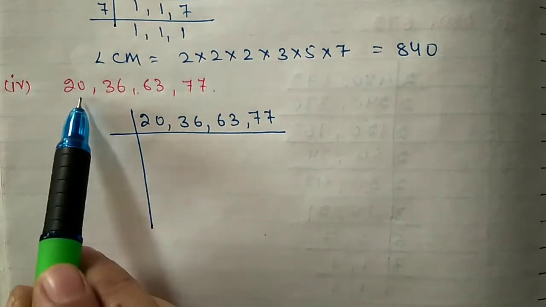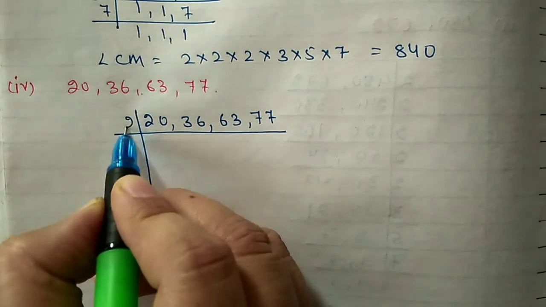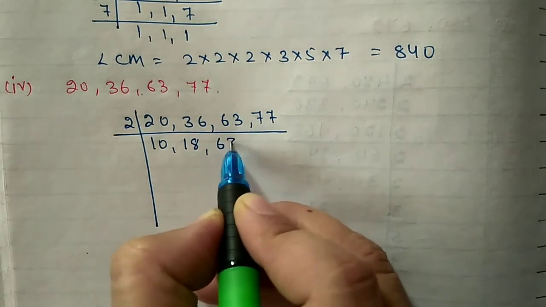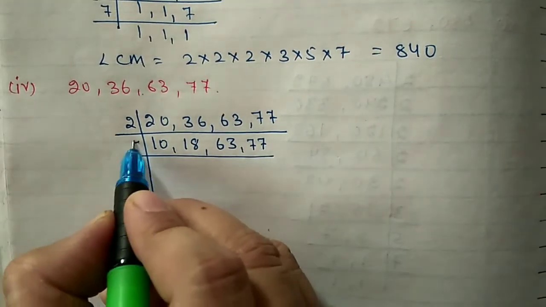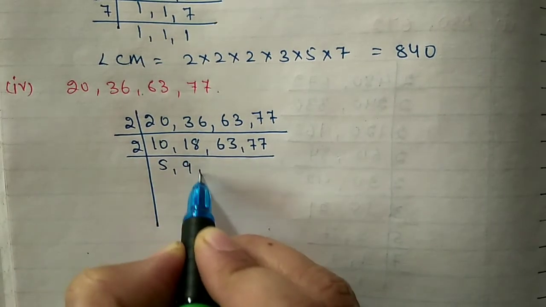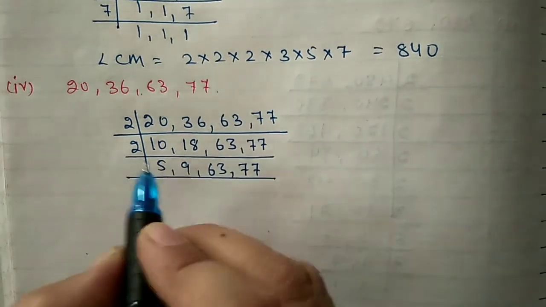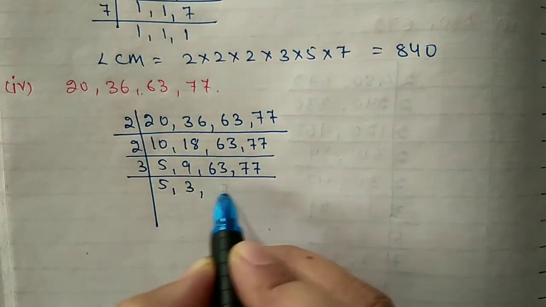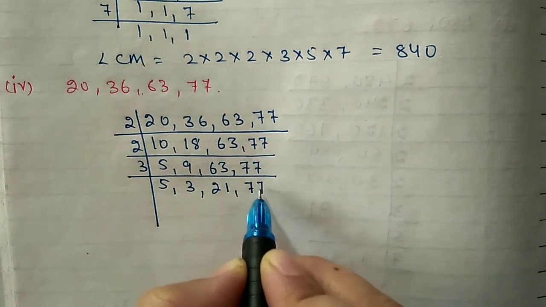Next, fourth part, 20, 36, 63 and 77. First we will start with 2: 2 10s are 20, 2 18s are 36, and 63 and 77 will not go with 2, so write as it is. Again 2 5s are 10, 2 9s are 18, 63 and 77 as it is. Next we will use 3: 5 as it is, 3 3s are 9, 3 2s are 6 and 1, and 77 will be as it is.